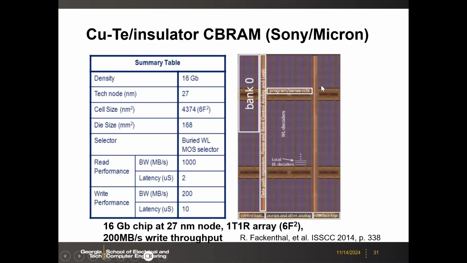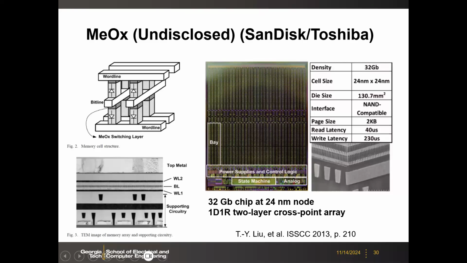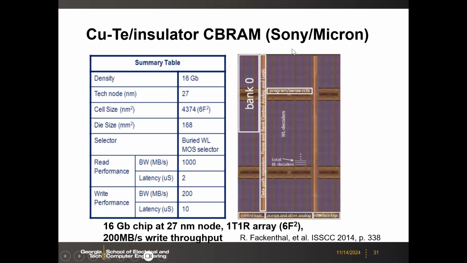And also at that time, there was a CB-RAM activity, jointly developed by Sony and Micron. Here the active electrode is copper with some ternary. And then the total chip size, again, is at larger scale. They want to use it for storage class memory, something like 3D XPoint. For Sony and Micron, this actually is 1T1R, I believe.